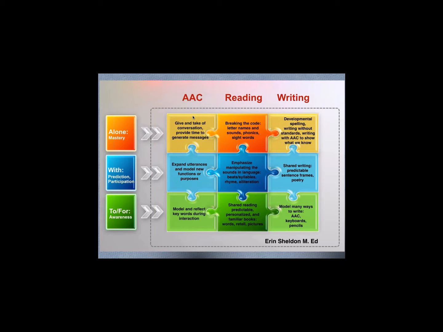So I'm just putting this out there to really help us think about, where is your child at? If your child is at a place where they are still very much just beginning to become aware of what a communication system is, then you're in that green zone, and the learning goals we're going to write for him or her at school will really be focused on increasing that awareness of what AAC is, what a communication system is.